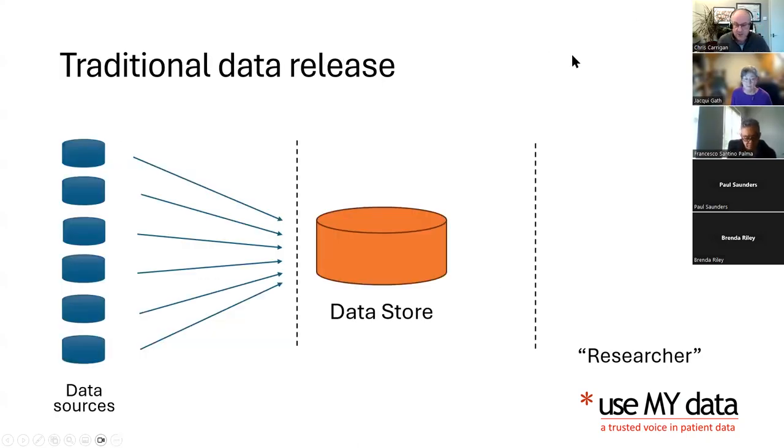Here's my picture then, trying to explain what I said is traditional data release. So on the left, you've got data sources. Let's say each of those is an individual hospital running hospital administration systems, booking systems, inpatients, outpatients, the rest of it. In the middle, you've got a data store. In NHS England, that would be, for instance, the HES data store, Hospital Episode Statistics.